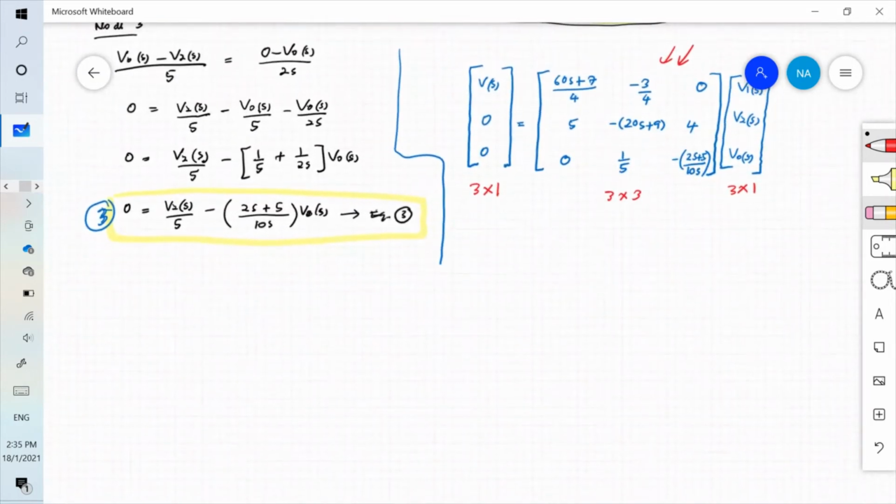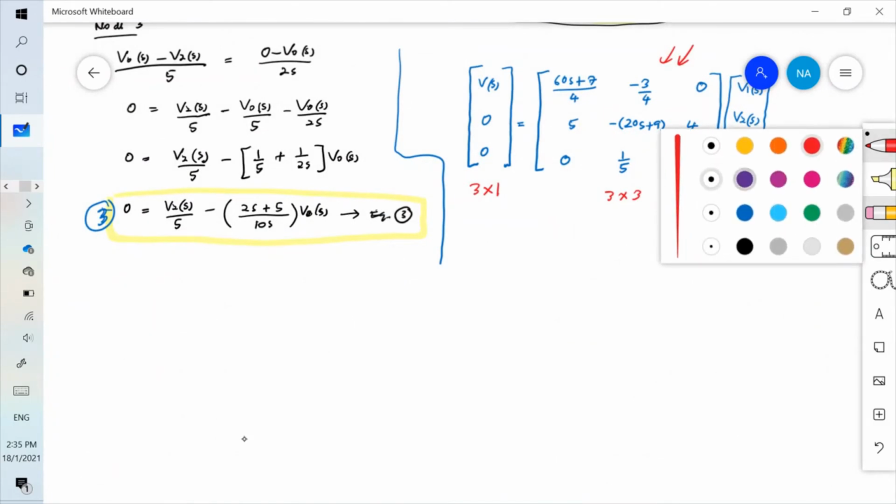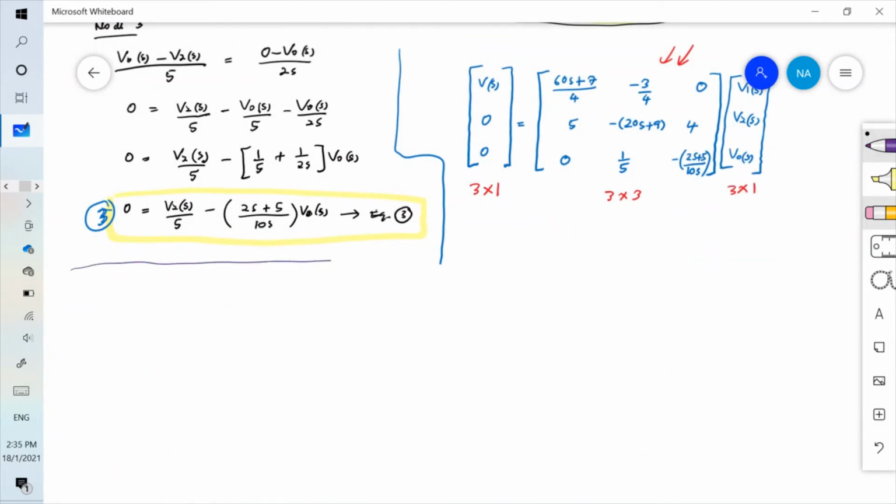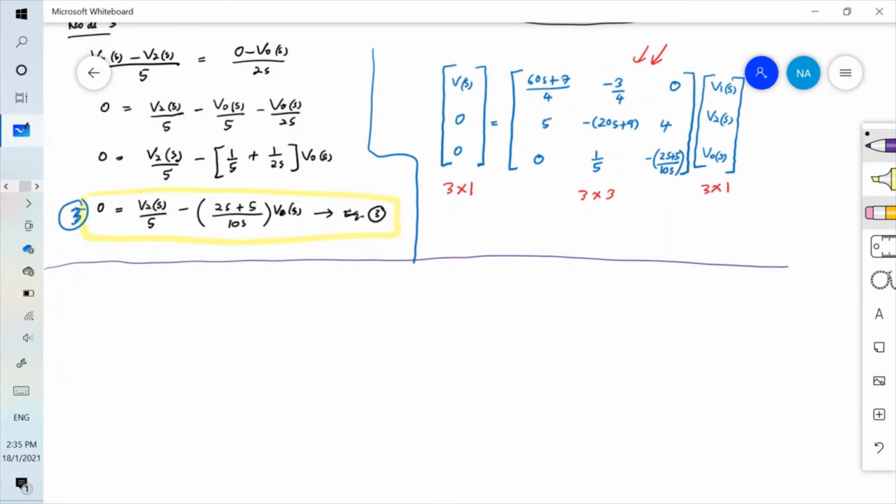Since our goal is to find the output voltage, in our 3 by 3 matrix the third column is the term that is multiplied with V0s. So you need to replace this column with the left hand side column. Okay, so this is the special matrix.